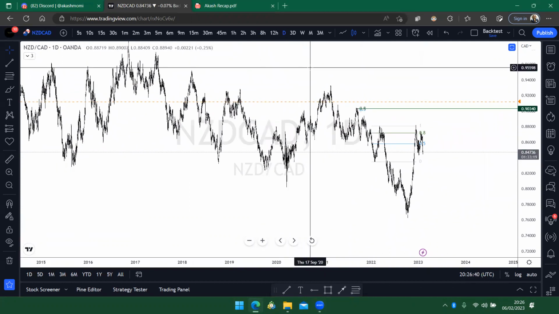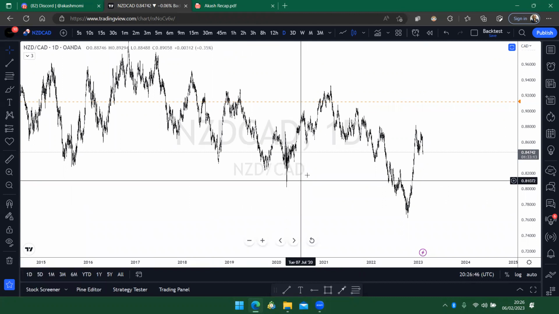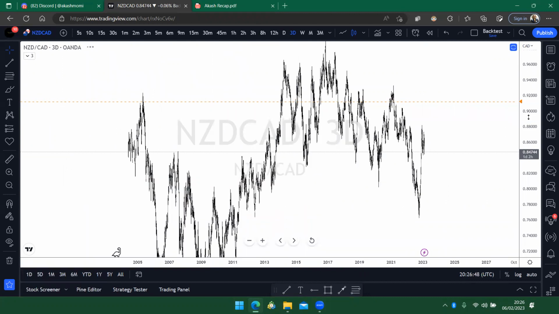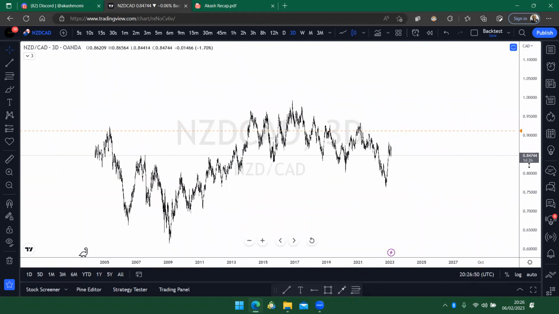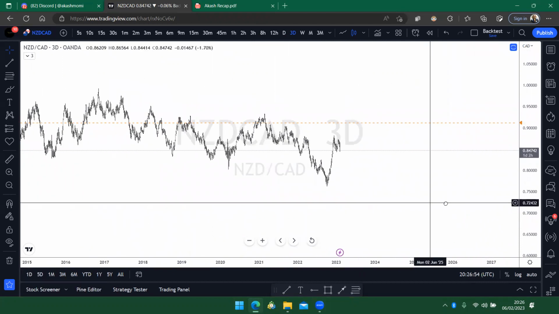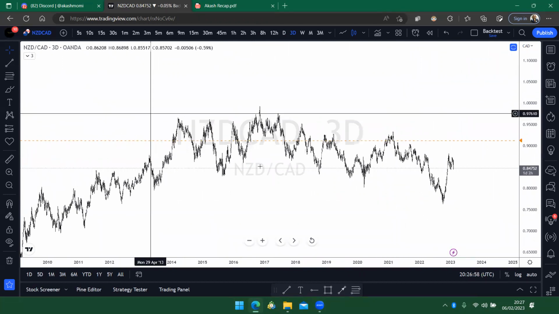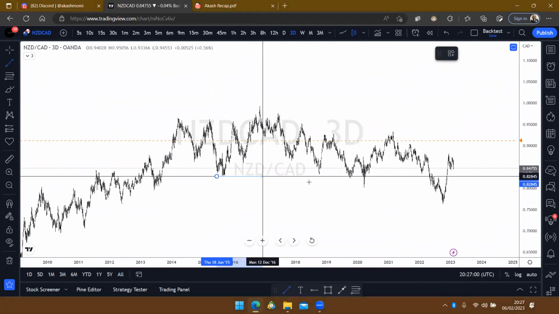So let's just clear. Let me just clear everything. Okay, let's start. So we don't need to go far to know where we are with NZD CAD. I mean, we can just see it and then we know.